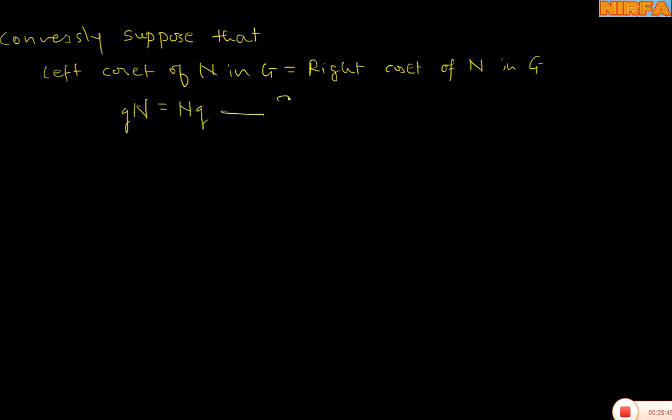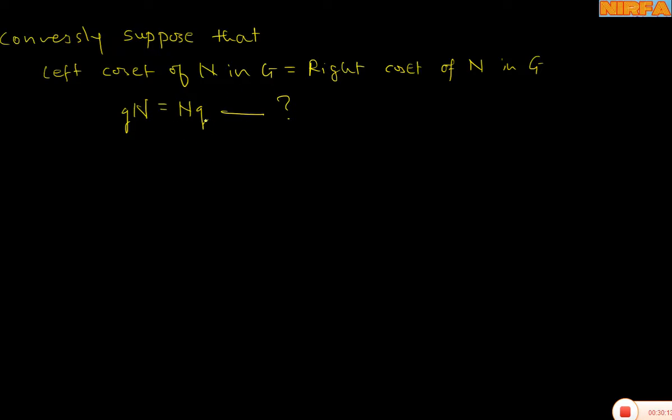But here the question arises, why are you taking the element G in both the cosets for constructing the left and right coset? You have supposed only that the left coset of N in G is equal to the right coset of N in G. Therefore, a left coset created by some element may be equal to a right coset of N created by another element.